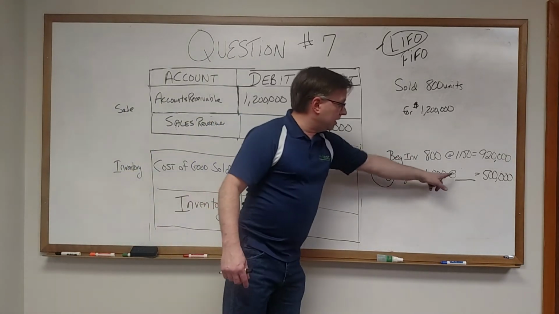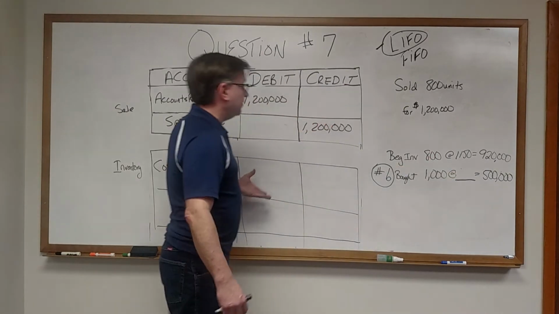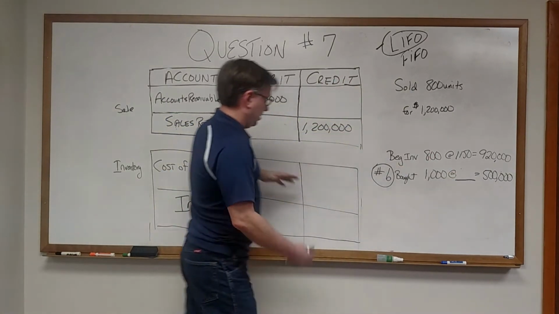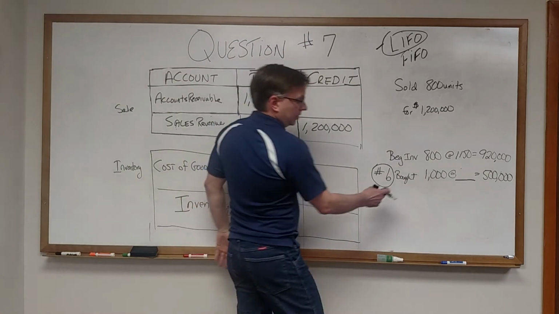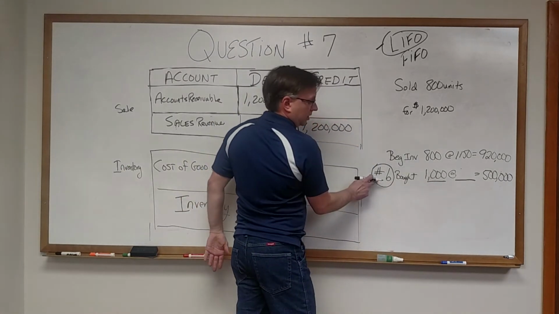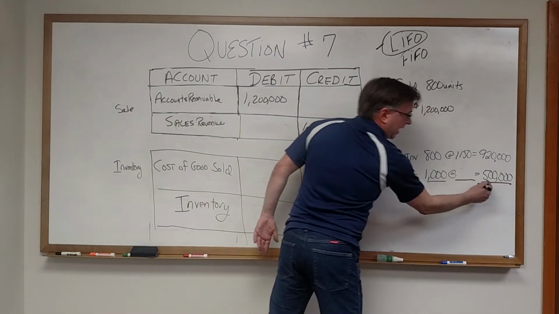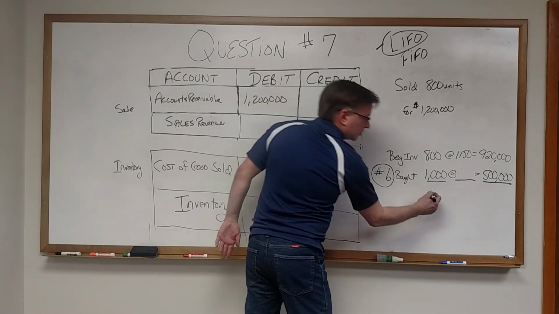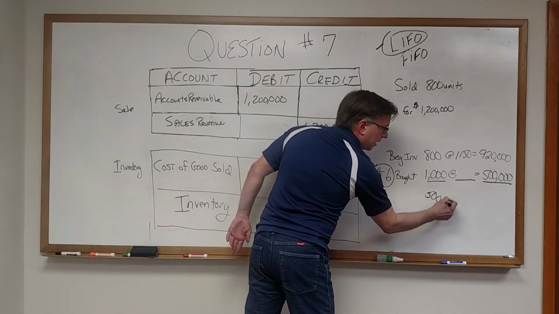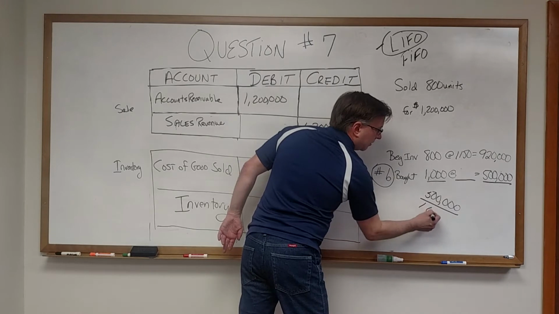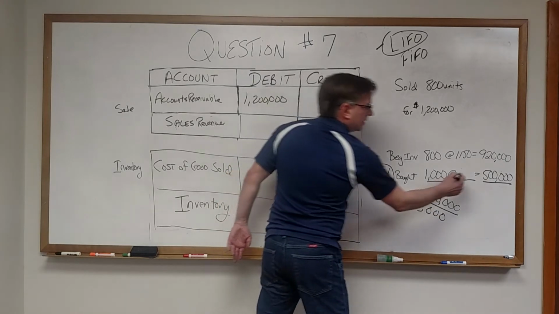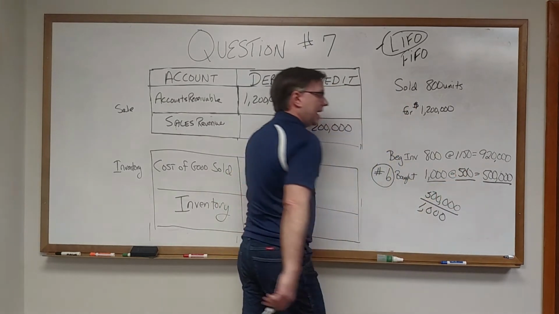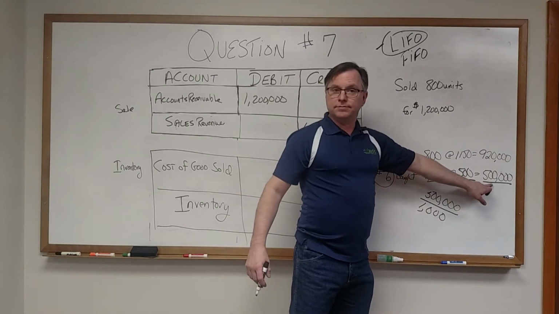So we've got to figure out how much of that 800 units the value would be. Well, as you can see, we bought 1,000 in question number 6 for $500,000. So if I take the $500,000 and divide it by 1,000, that means it was $500 per unit.